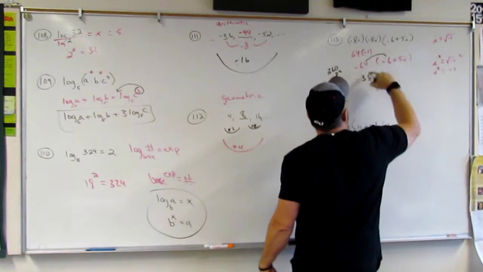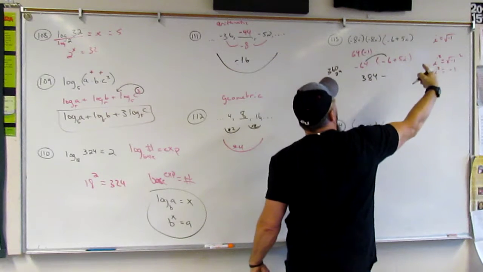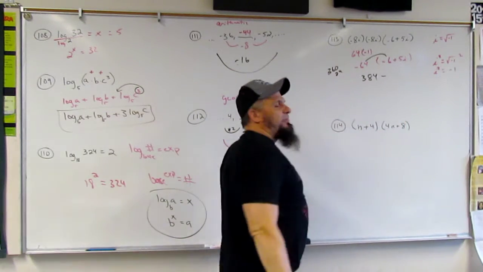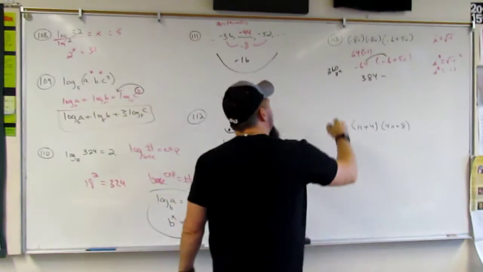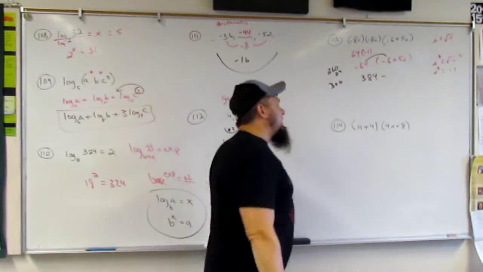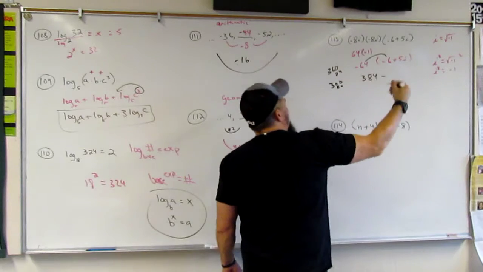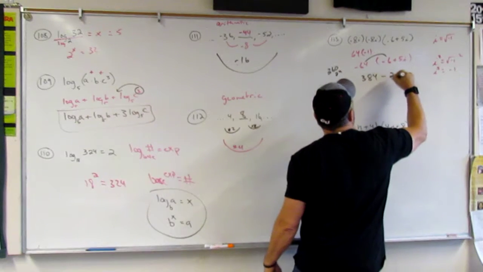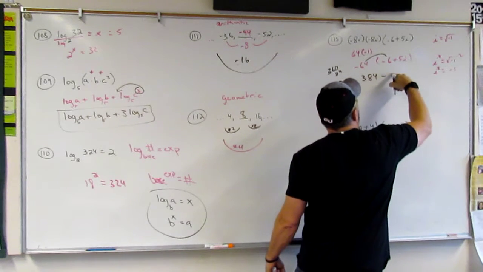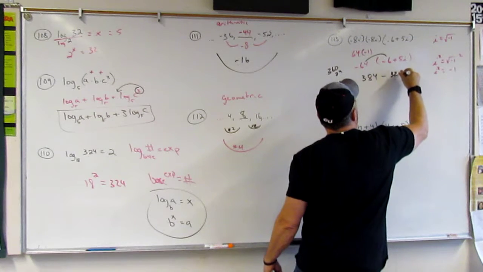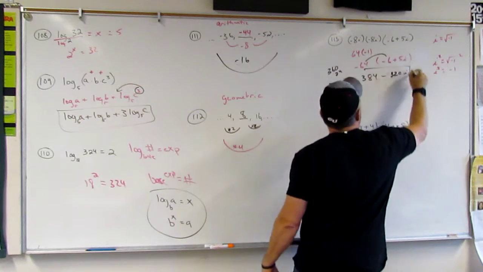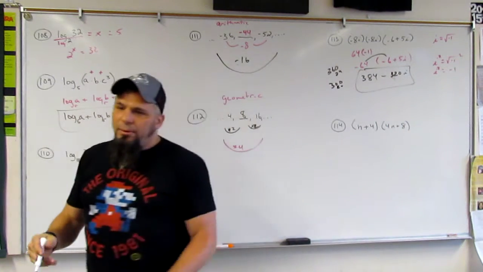And then minus, because a negative and a positive is a negative. And then 5 times that. Well, 5 times 6 is 30. So that's 300. And 5 times 4 is 20. So that's 320. That's it. There you go. Okay.